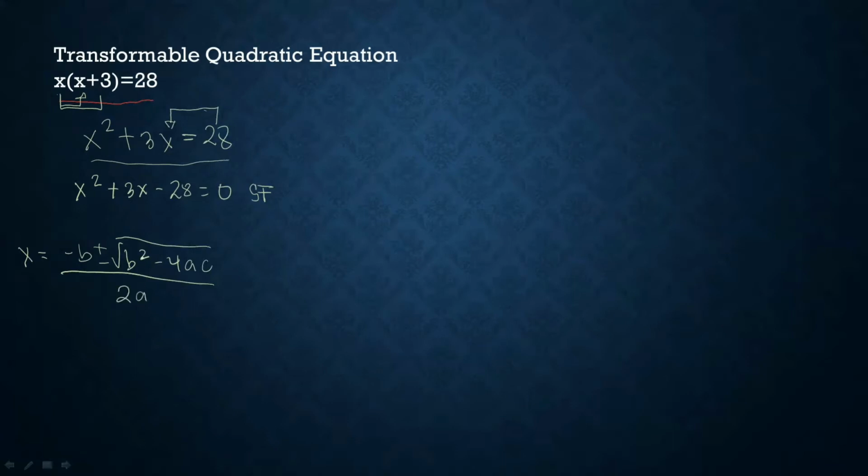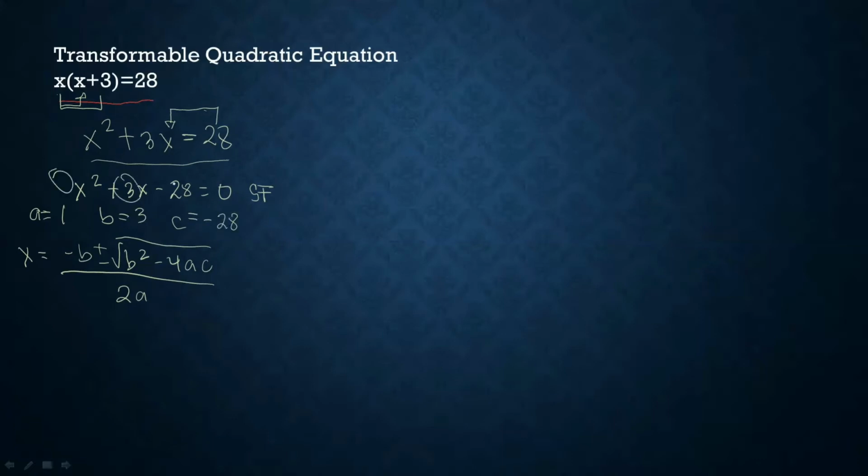So, if you can see in our quadratic formula, we have the real numbers. So, therefore, we need to identify first the real numbers a, b, and c in our quadratic equation. So, the real number a is 1, yung b natin is positive 3, and yung c natin is negative 28. So, dito po yan nakuha.